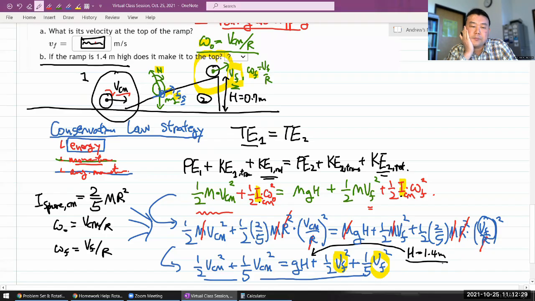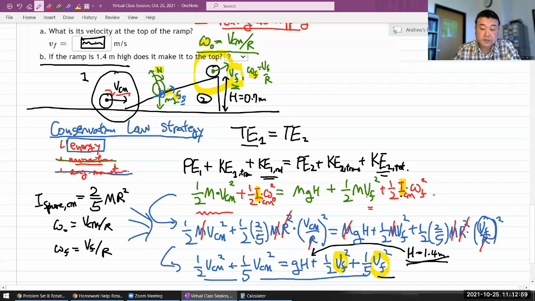If the marble or the bowling ball won't get to the top, at some point in the solution steps you might run into trouble, like v final squared wanting to be negative. That would be an indicator that the height is too high. The bowling ball doesn't have enough energy at the bottom. The translational and rotational kinetic energy combined doesn't have enough energy to get to the top. So that might be one indicator.